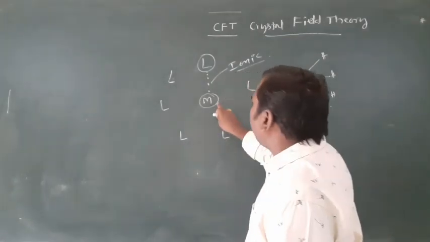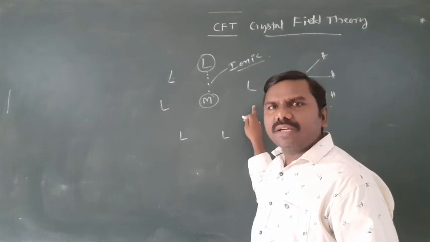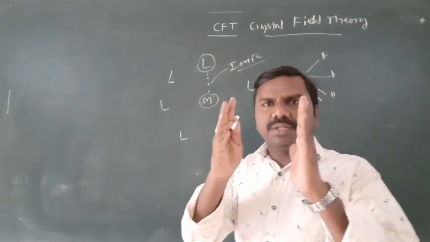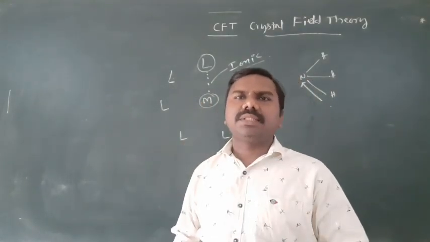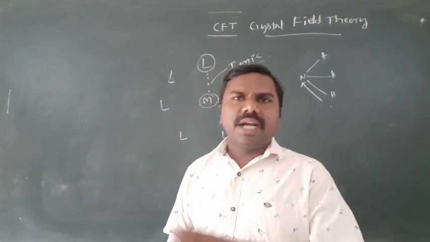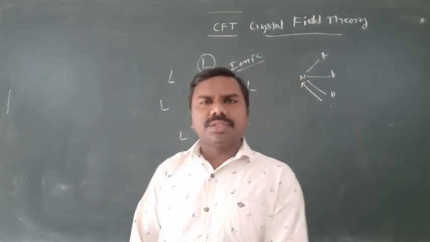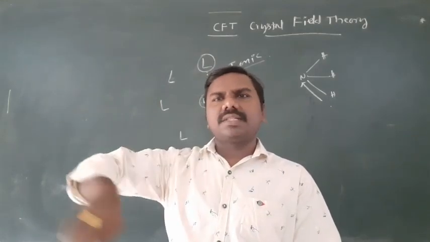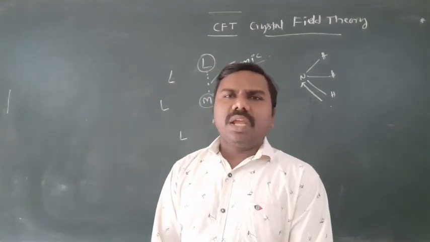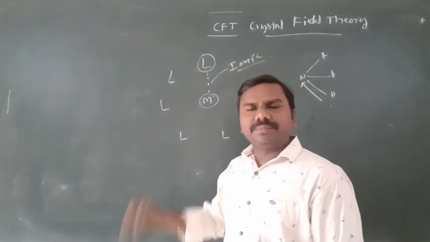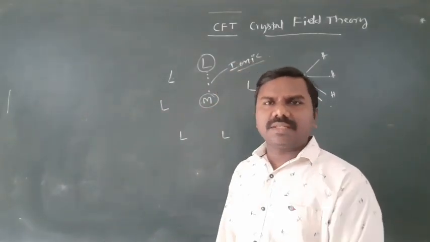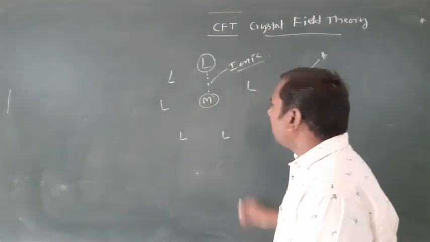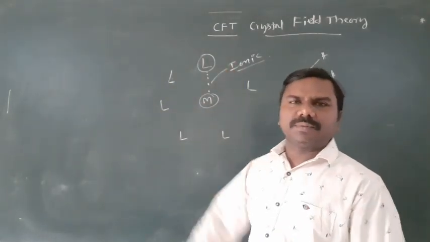Take a test tube. In that you take ligand solution, NH3 solution, and add a metal to it. Then NH3 molecules are surrounded around the metal. NH3 acts as a ligand, then forms a complex compound.